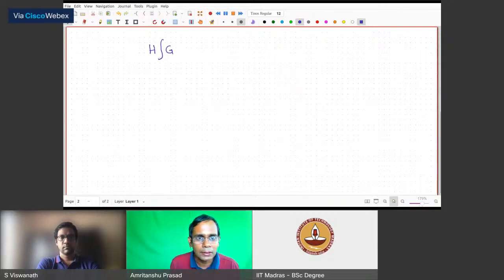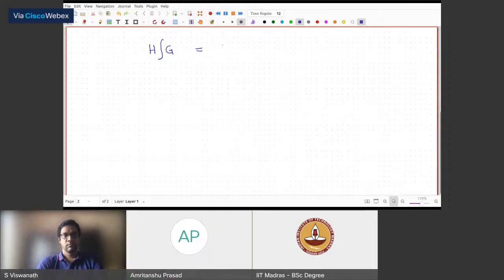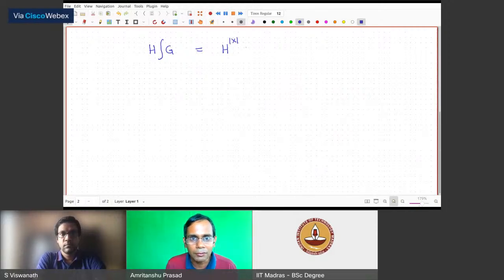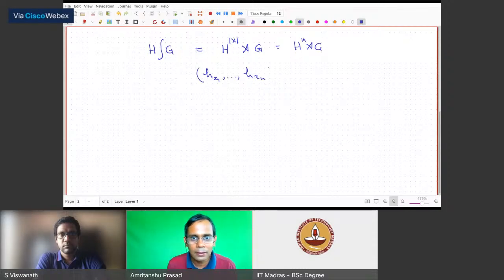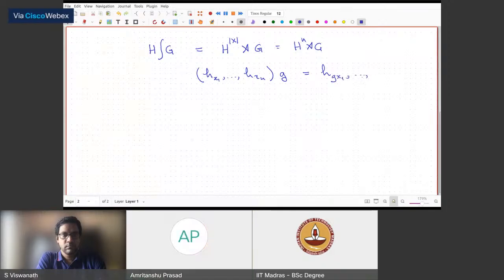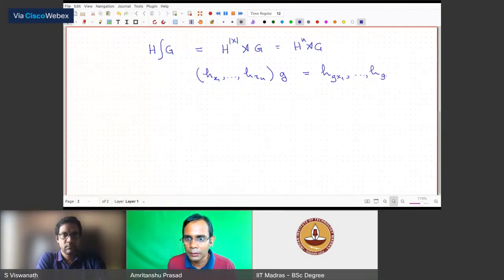H wreath G is H to the power of the cardinality of X, semi-direct product G. Suppose X has n elements, this would be H to the power n semi-direct product G. Here you would index the elements of H as h_x1 through h_xn, and your element g will act on it by sending it to h_{g x1} through h_{g xn}, where this is the usual action of G on X. And then you just take this semi-direct product.